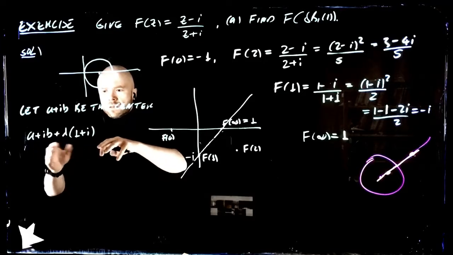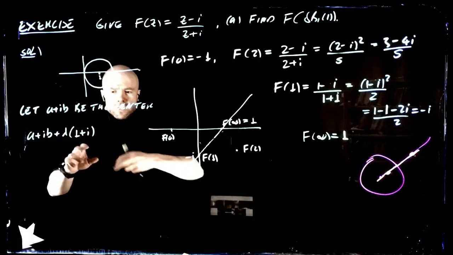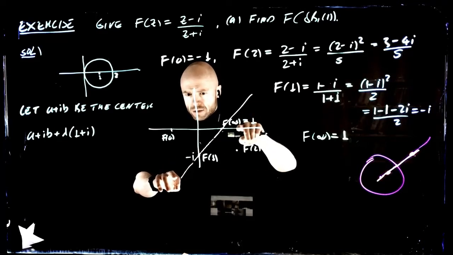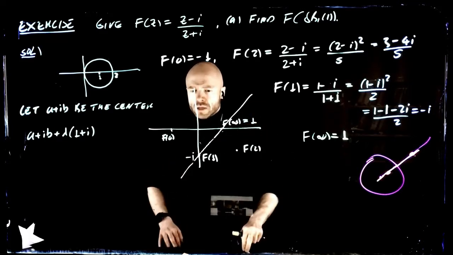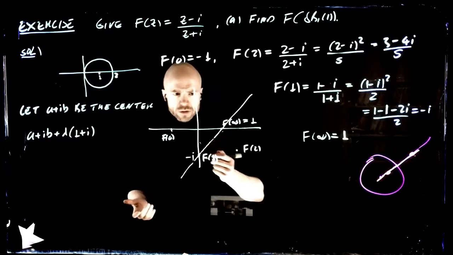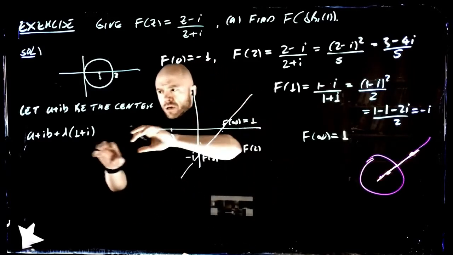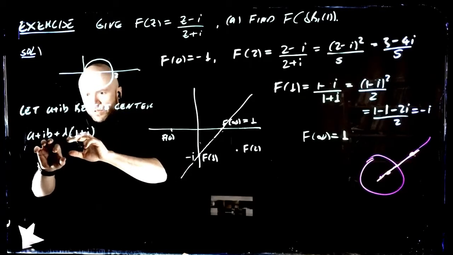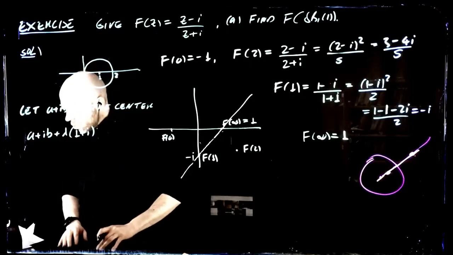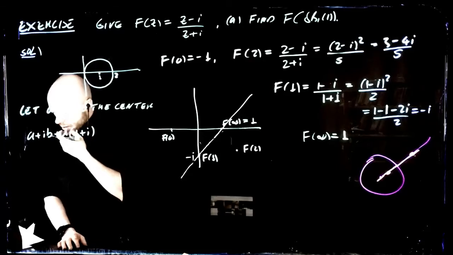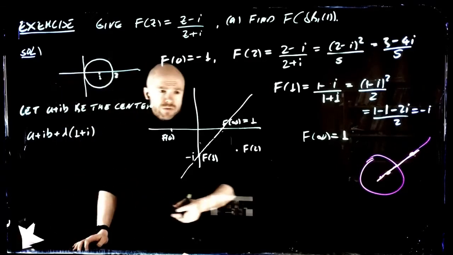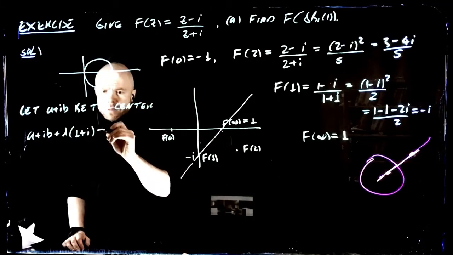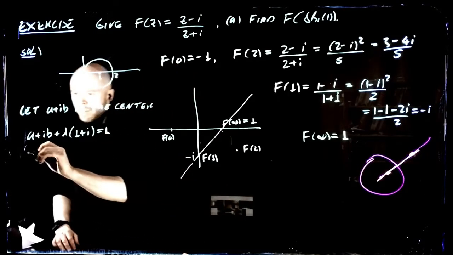And this thing has to go through these points like this. And wherever the center is, we can use this to reduce this down to just one coordinate. Because for some lambda, this thing has to equal 1.